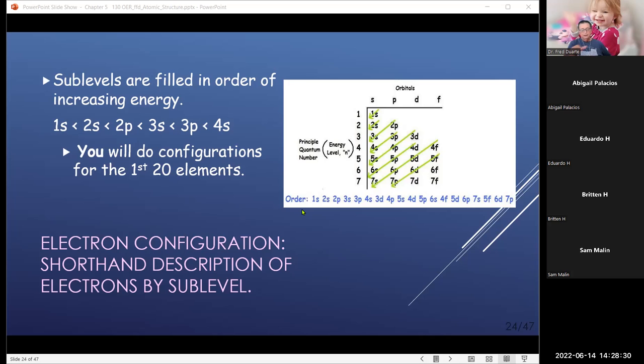Now, this is the equation I was telling you about for the order of assigning electrons. You start off with the 1s, you move to the 2s, the 2p, and then the 3s, then the 3p, then 4s, and then after the 4s, the 3d come into play.